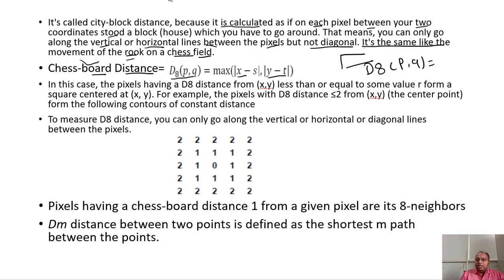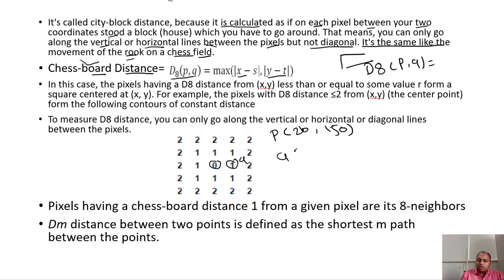So let us understand this again with the help of another example. So let us take p now, 210 comma 150, and let us say q. Let us say this is nothing but your p, and this is nothing but q. Is that fine?